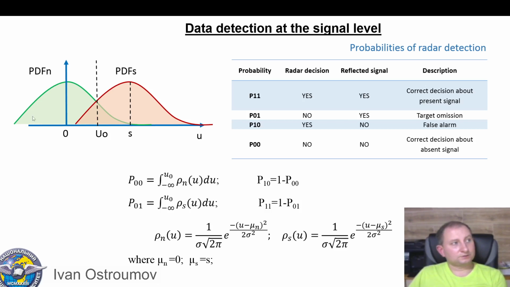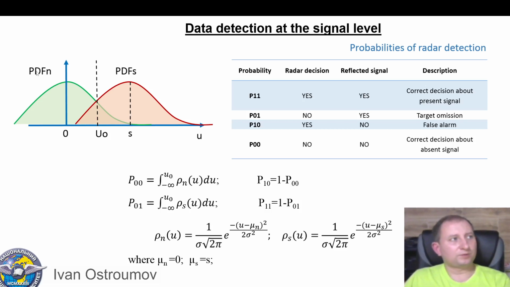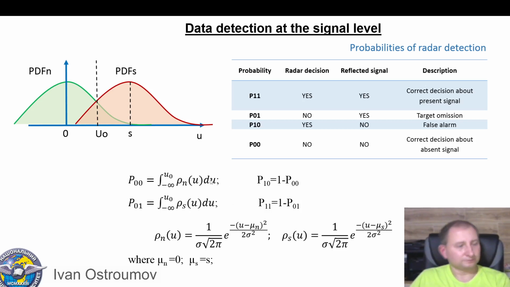To get the probability of correct decision, we can easily get an integral, because the integral is the geometrical representation of area under the function. That's why it is the integral from minus infinity up to u0 of our probability density function by du, by voltage.